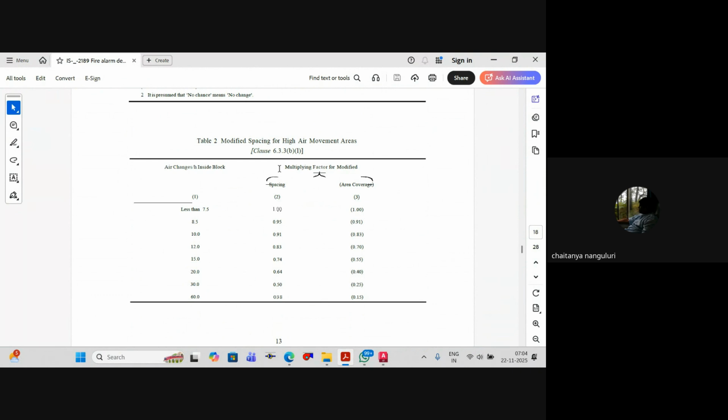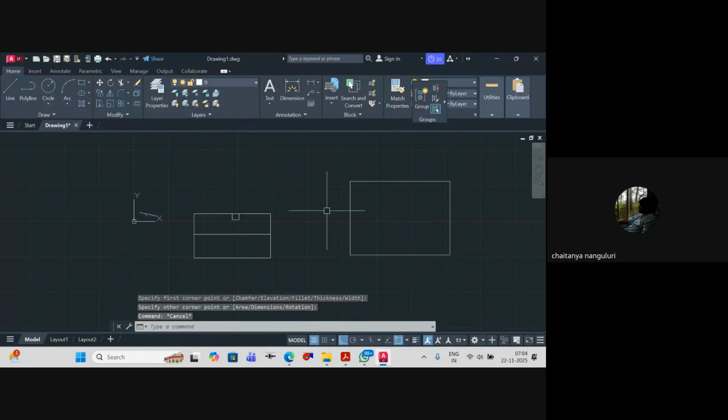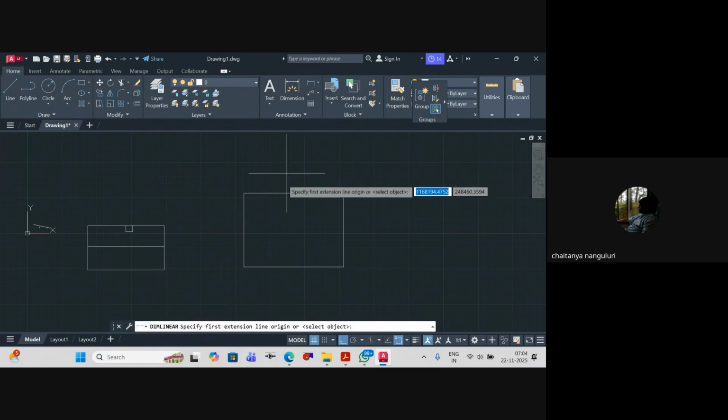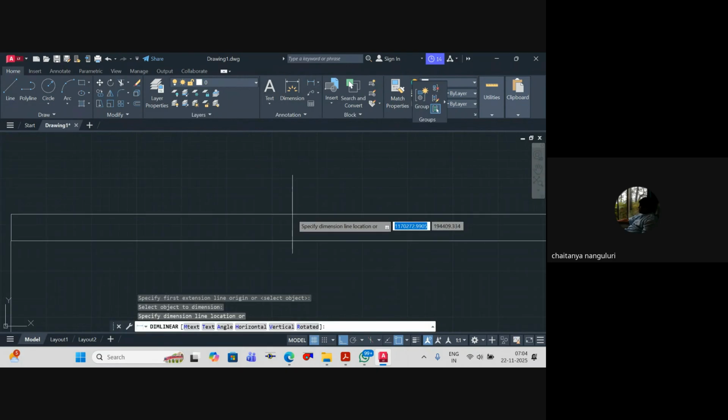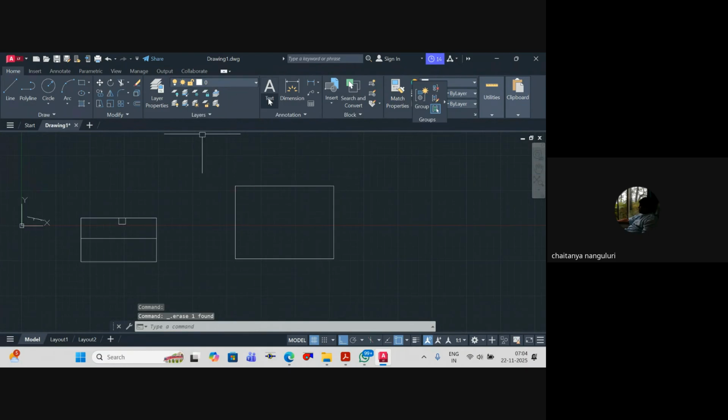So I'll explain a small thing here. Air changes is nothing but the total number of times you're changing the air inside the room space. Understood? I'll give an example.